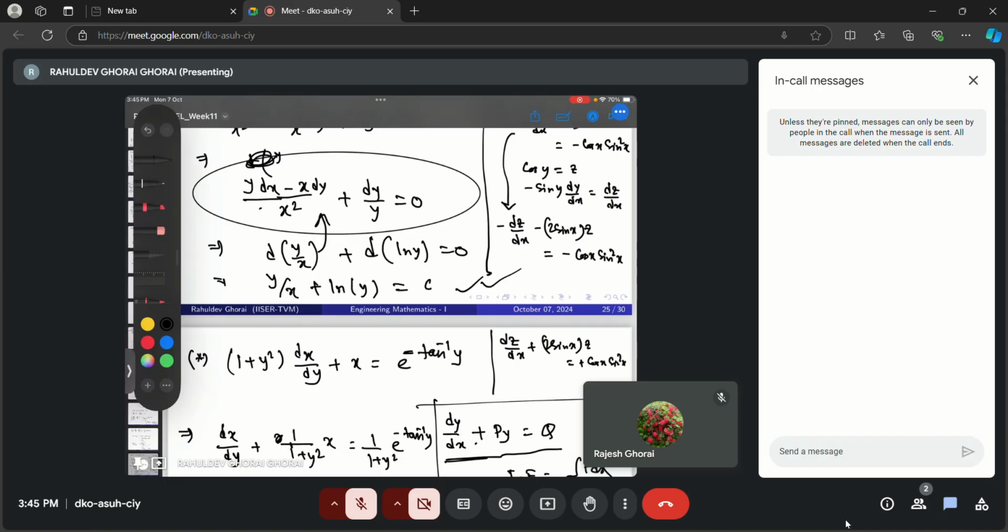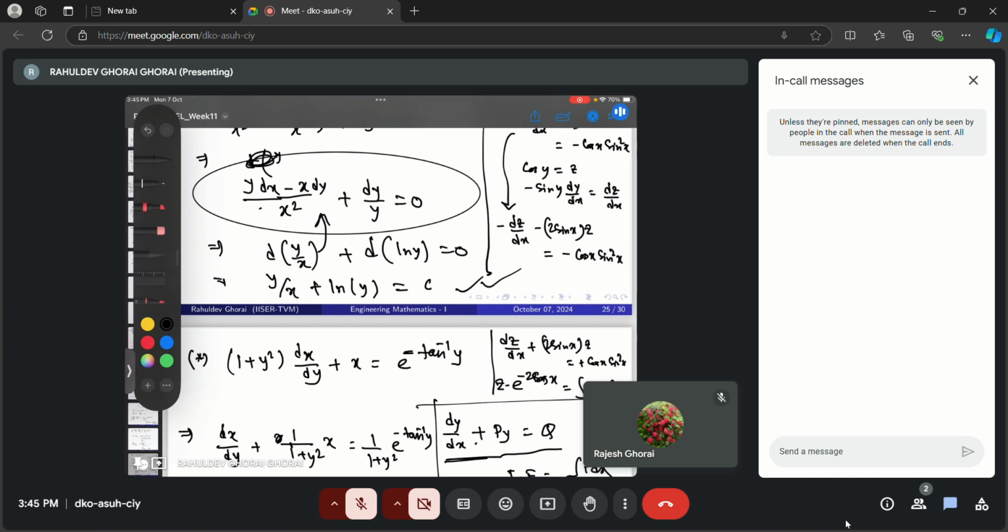So the integrating factor will be e to the power of minus 2 cos x. So z times the integrating factor will be equal to the integration of cos x sin² x times the integrating factor.